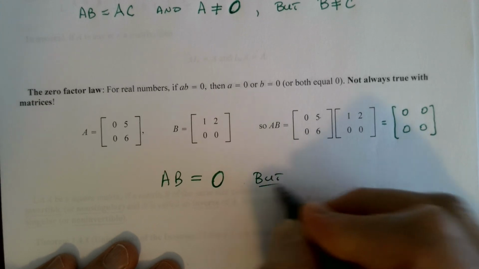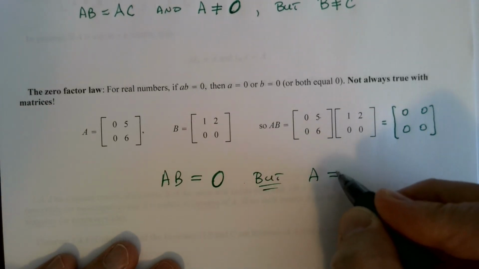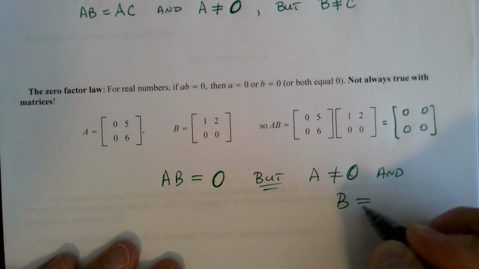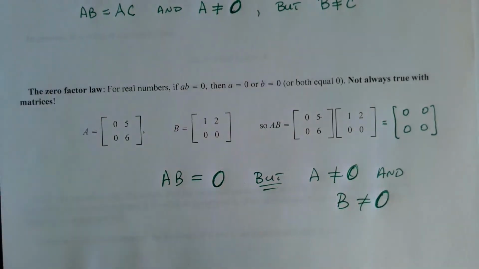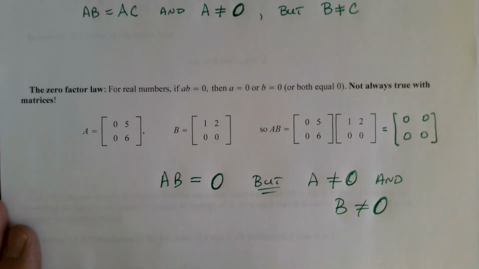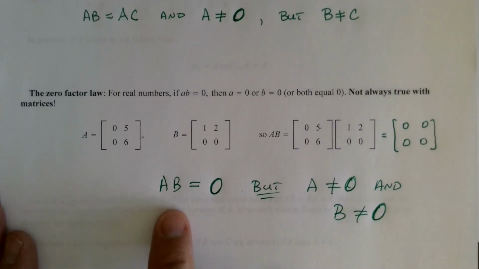but A is not equal to the 0 matrix, and B is not equal to the 0 matrix. Oh my goodness, that is really different. So this is a property that doesn't apply. There are these properties that we're used to seeing with real numbers that don't apply to matrices, and we're going to have to train ourselves to be careful not to make these sort of mistakes when we're doing the algebra.